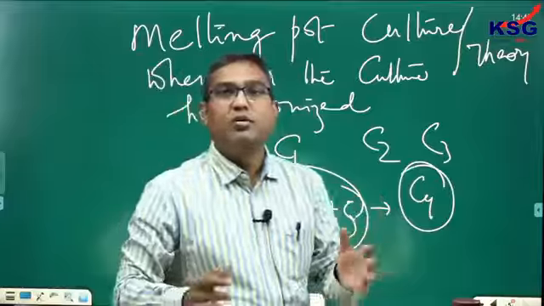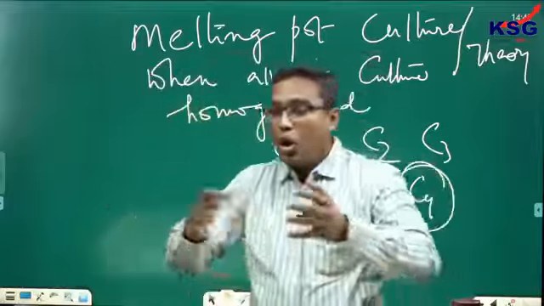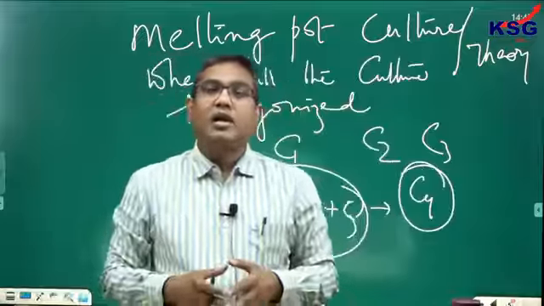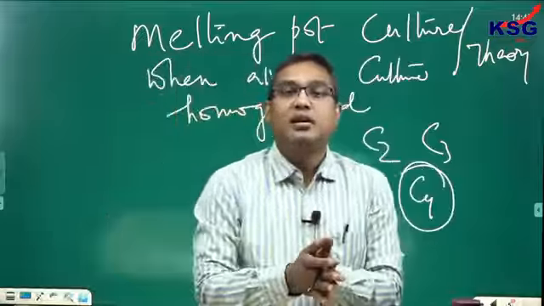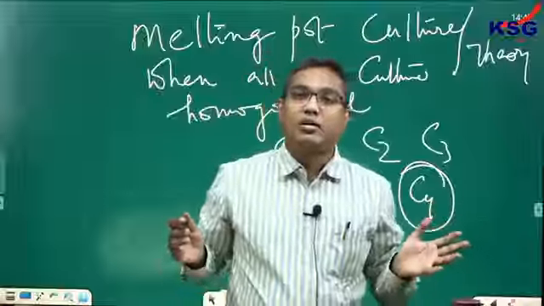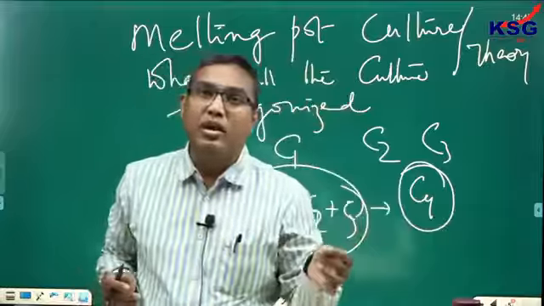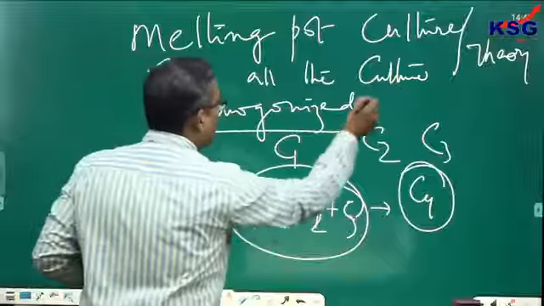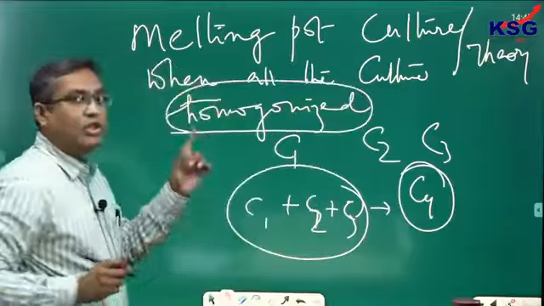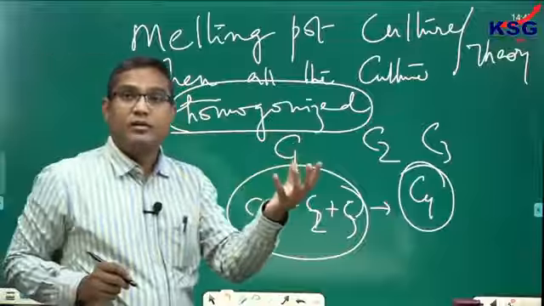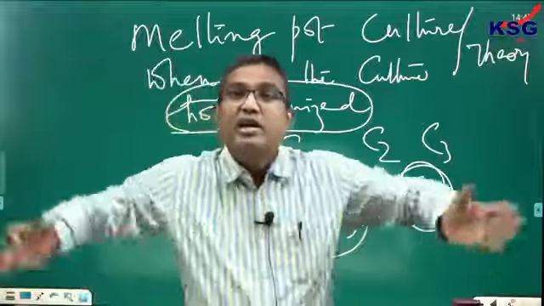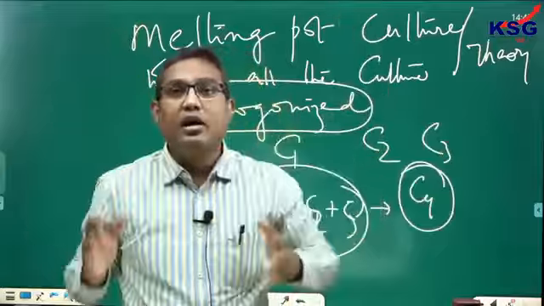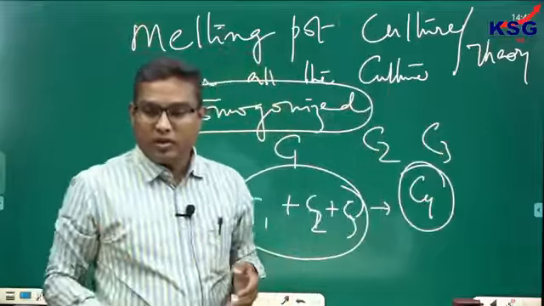So this is the idea of your melting pot theory, where all cultures come together and they mix together in such a way that no distinctiveness remains. They all become one. That is the idea of melting pot theory, melting pot culture. That is the reason I have written this word which you have not given attention. Homogenization, right? Creating a shared culture, a common culture is emerging, right? So that is the idea of melting pot of culture, right?